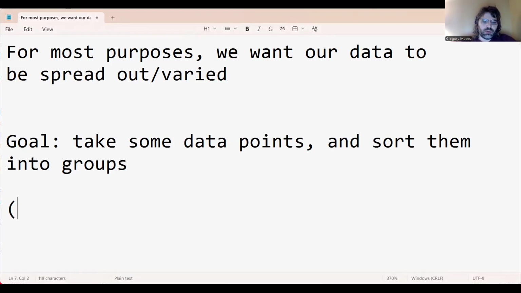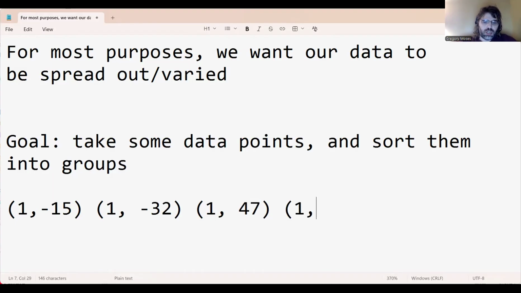And we have the points 1, negative 15; 1, negative 32; 1, 47; 1, 95; 1, negative 49; negative 149, go with it; and 1, 5472.